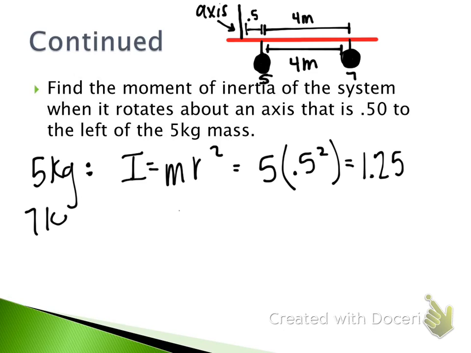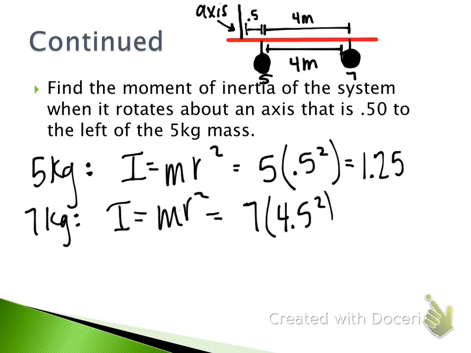And our 7 kilogram mass, moment of inertia, equals mr squared. And now what's the radius of the 7 kilogram mass? 4.5.